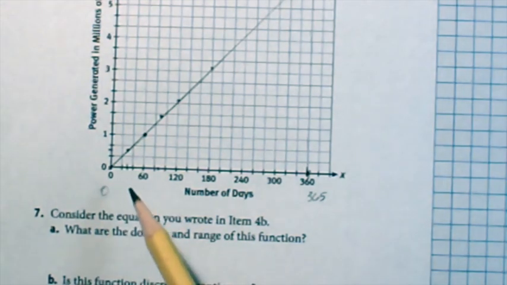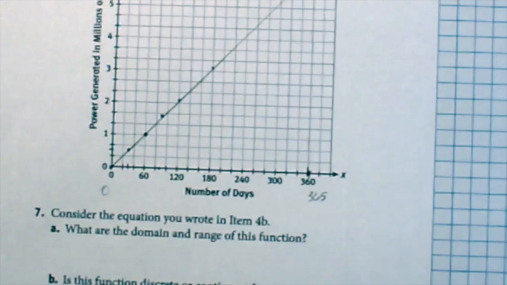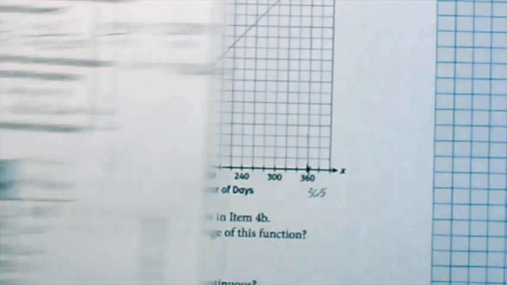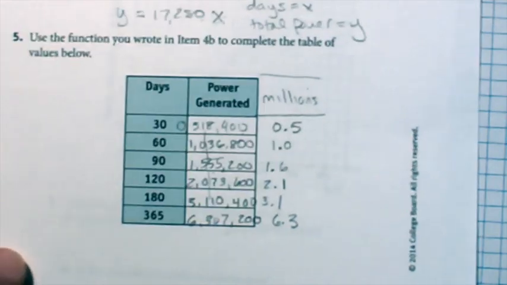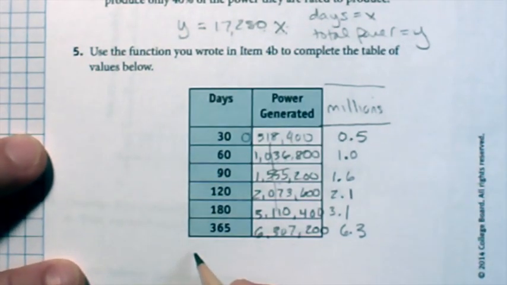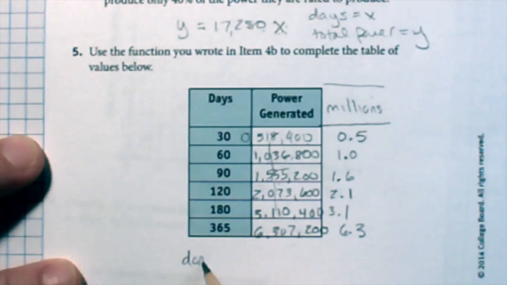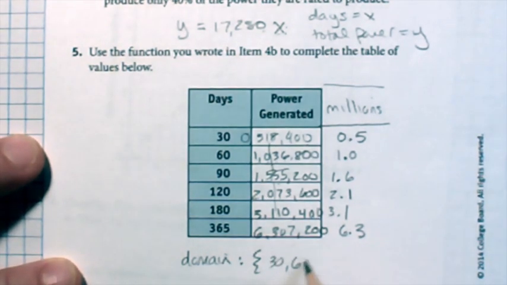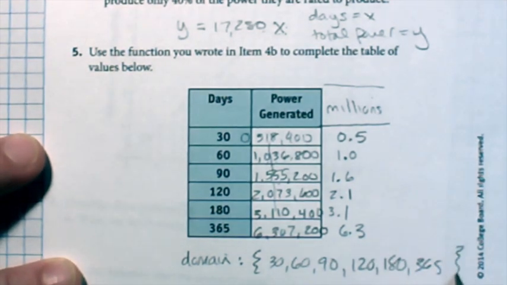And there are 2 different ways to do this. So if I use the table, I would say that the domain is 30, 60, 90, 120, 180, and 365, right?